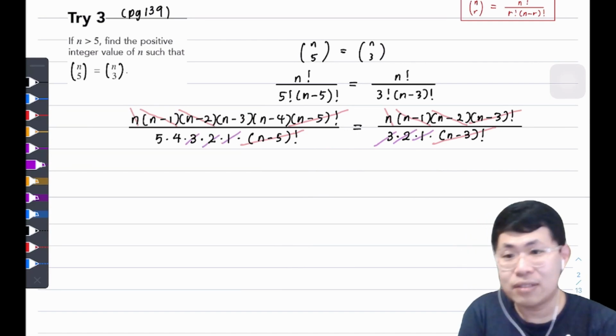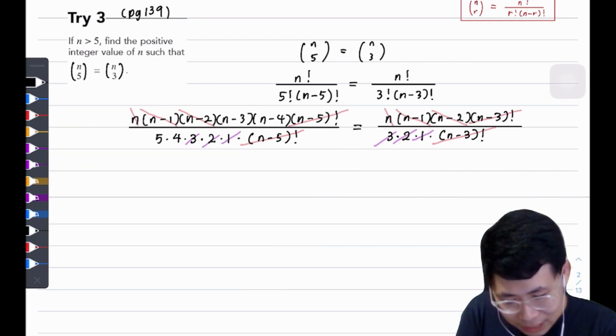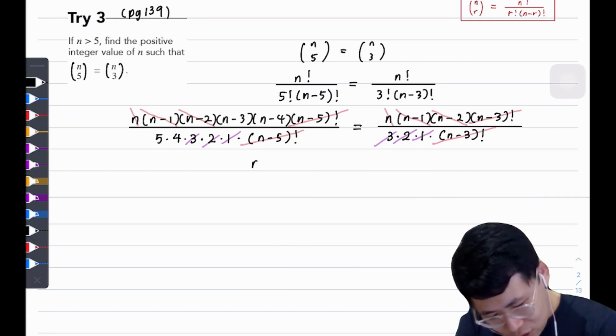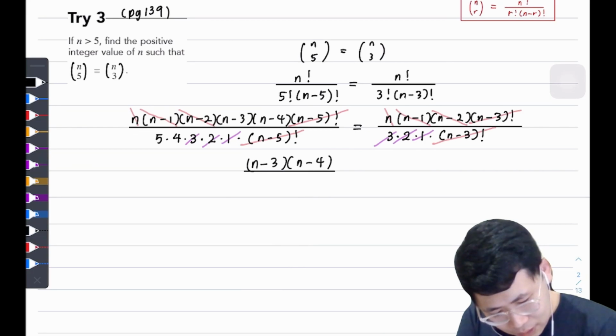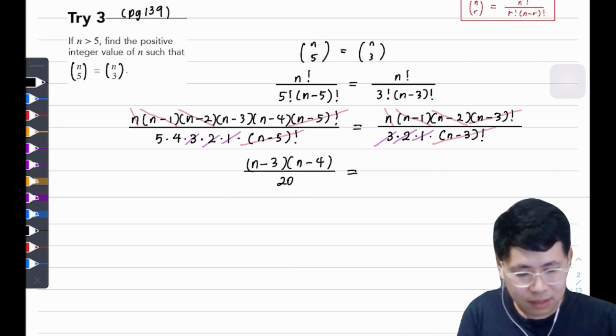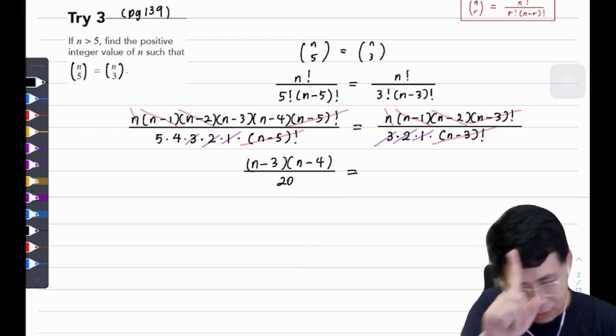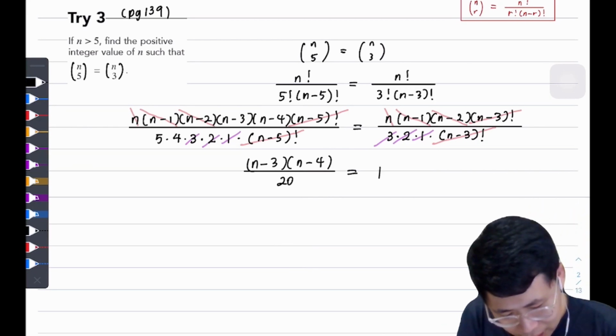So at the end of the day, what do we get? There's a lot of cancellation, but we get just n minus 3, n minus 4, over 5 times 4, so this is 20 on the left hand side. On the right hand side, the top fully cancelled, the bottom fully cancelled, so we're just left with 1, not 0, 1. Let me multiply the 20 over to the other side.